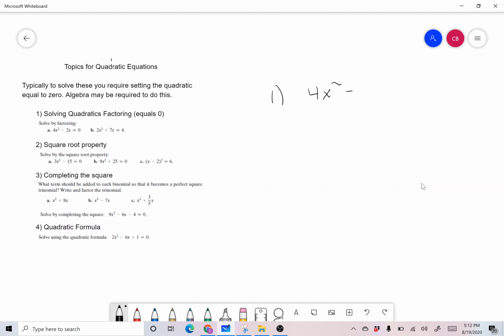4x squared minus 2x equals 0. We're going to solve this by factoring. First thing we notice, we can factor out a 2x, which leaves us with 2x times x minus 1 equals 0. Well, this is just a number times a number if you plug something in for x. If I plug 1 in for x, this becomes 2 and this becomes 0, so 0 times 2 is 0.